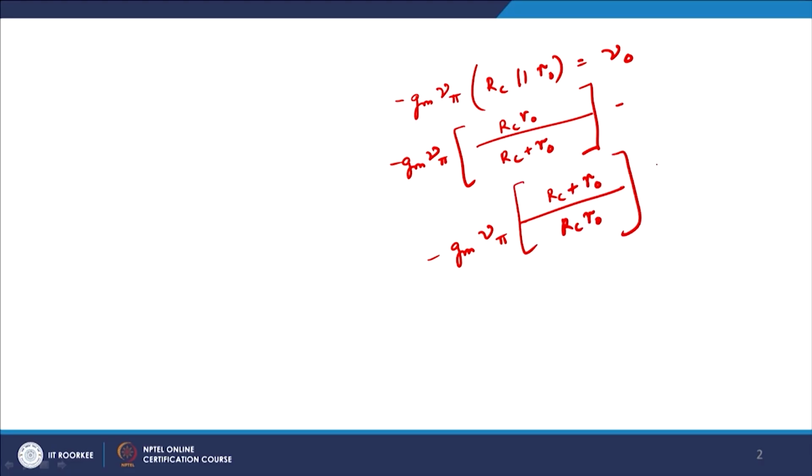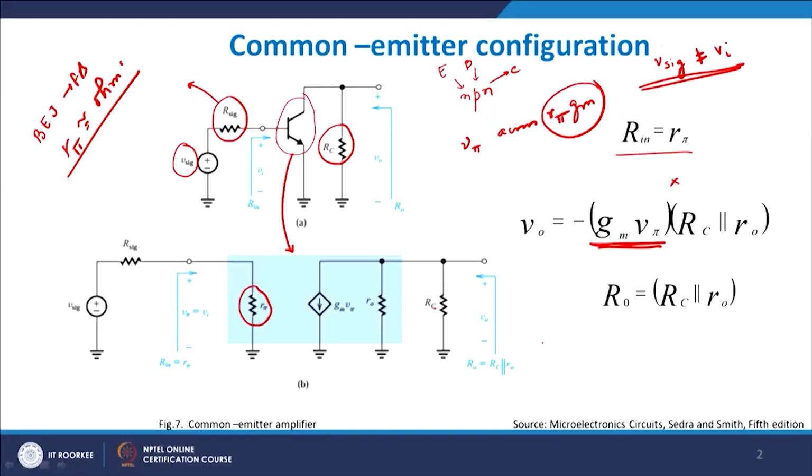So you see, therefore, if you break it up, I get 1 by R0 plus 1 by RC. This is equal to your V0 for all practical purposes. Now R0 and RC: RC is the external bias which you have given, and R0 is basically the output impedance of the BJT.